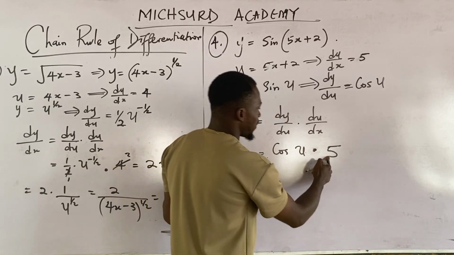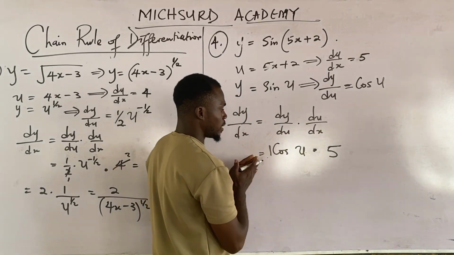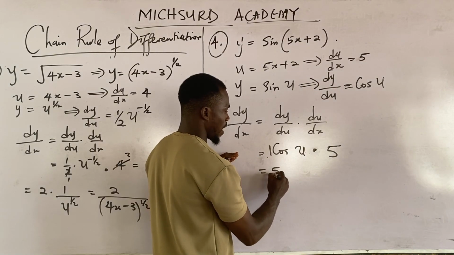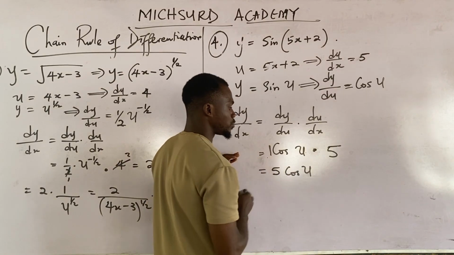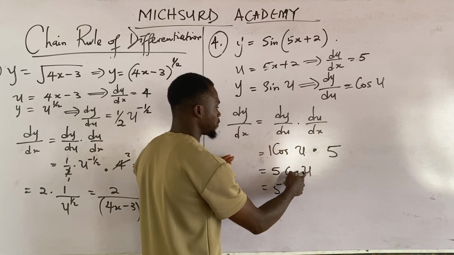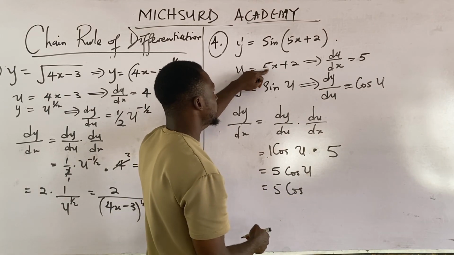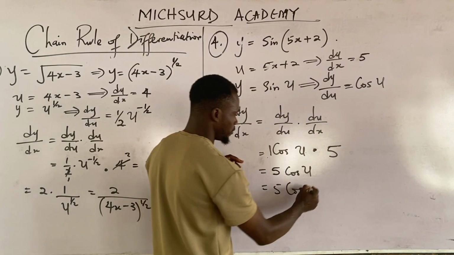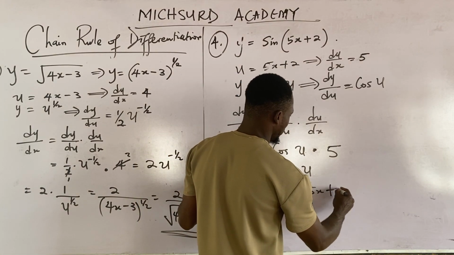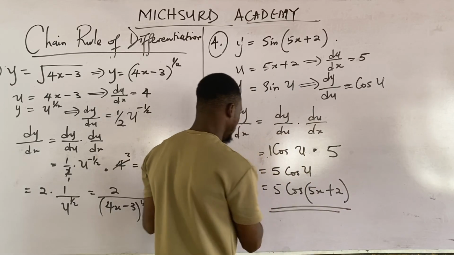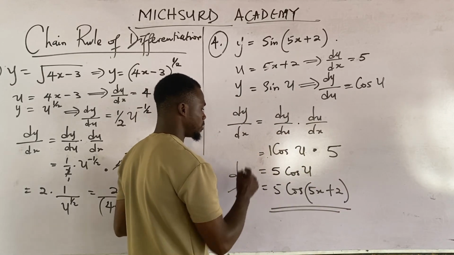Now, this 5 will multiply this 1. It will give us 5 cos u. And from our substitution, we saw that u is equal to 5x plus 2. So if you substitute, you have 5 cos of 5x plus 2. So that gives you our dy/dx using the chain rule.